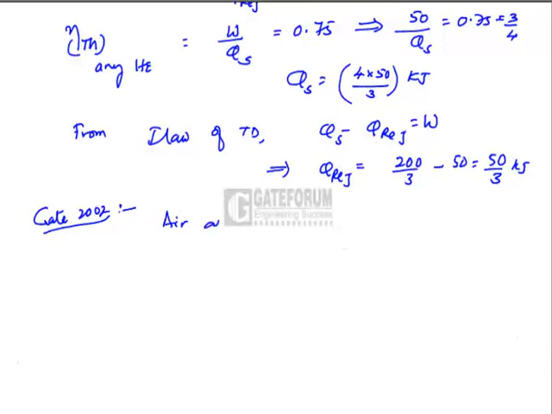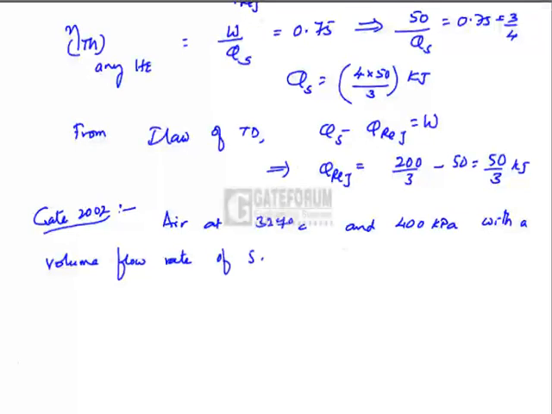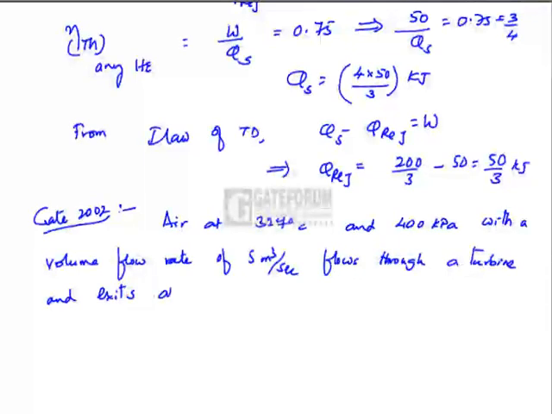Air at 327 degrees centigrade and 400 kilopascal with a volume flow rate of 5 meter cube per second flows through a turbine and exits at 100 kilopascal and 182 degrees Celsius.